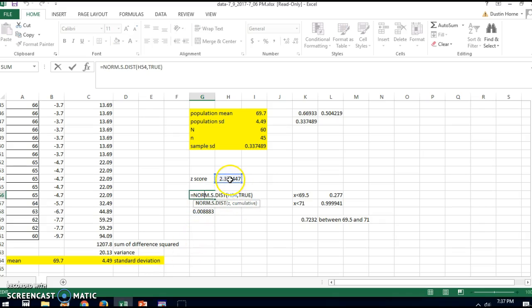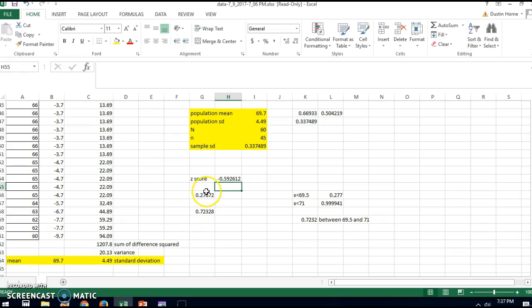First, we're going to do the z-score. We're doing between 69.5 and 71. So first, let's get the area of 69.5. So we know the probability that x is less than 69.5, we know that that is 0.7672.